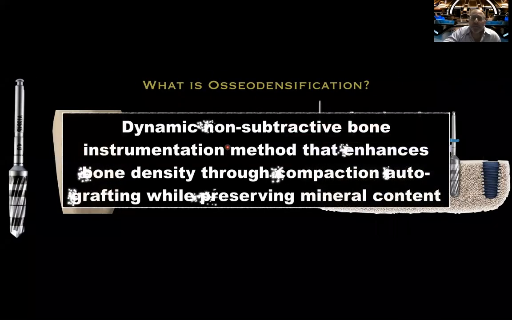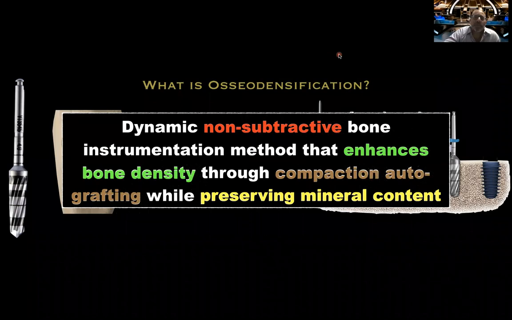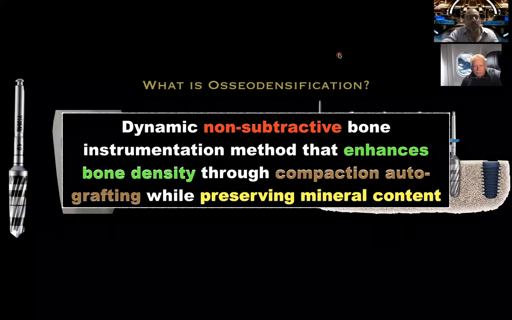So the term osseodensification, I think, is quite important to understand. This is a dynamic non-subtractive bone instrumentation method, meaning we are not extraction drilling. We are drilling in reverse to use auto-compaction. So it's important to note that with auto-compaction, we need to have good viable bone.